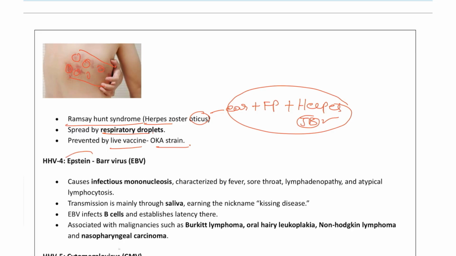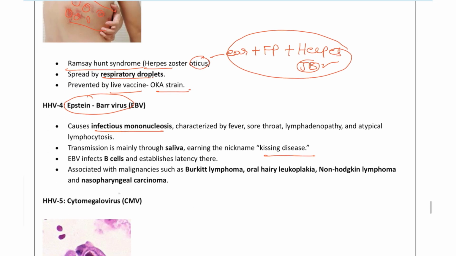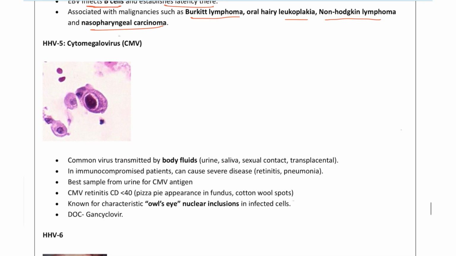Epstein-Barr virus. It is going to cause infectious mononucleosis, or the kissing disease as commonly known, and it can infect the B cells and establish the latency period. Associated with multiple malignancies like Burkitt lymphoma, oral hairy leukoplakia, non-Hodgkin lymphoma, nasopharyngeal carcinoma. Cytomegalovirus is going to cause the owl's eye nuclear inclusions.